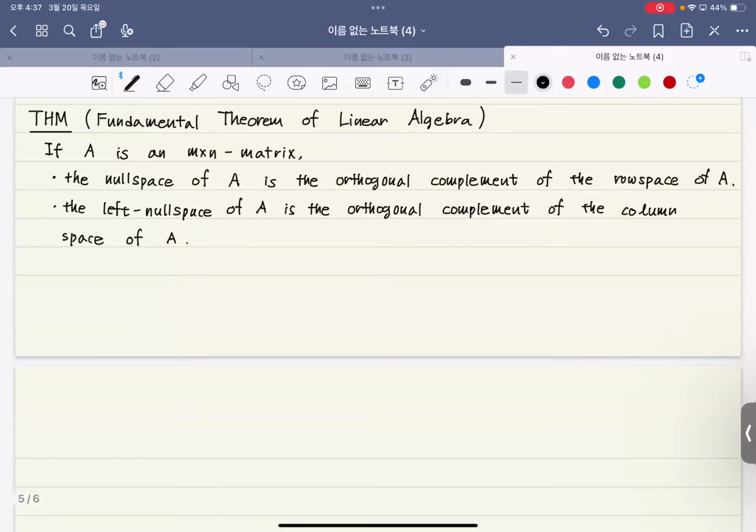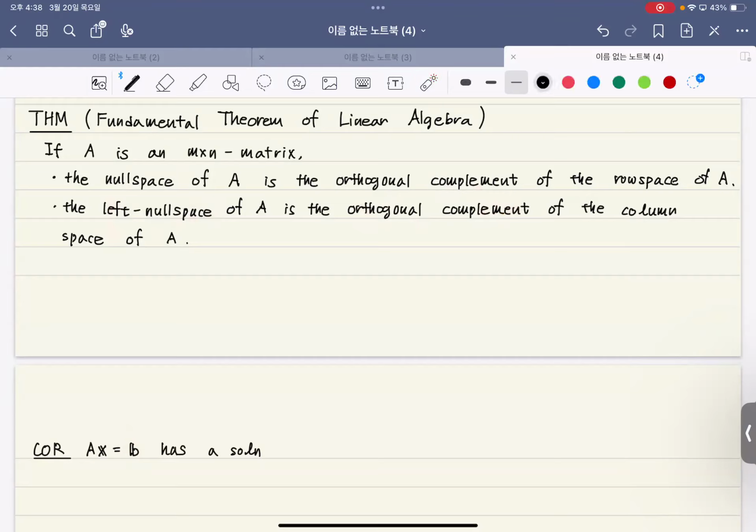There is a direct consequence of the theorem. You remember the condition for a system of linear equations: under what condition can I find the solution? I can find the solution if and only if the right-hand side vector is a member of the column space of A. But the column space of A is the orthogonal complement of the left null space.